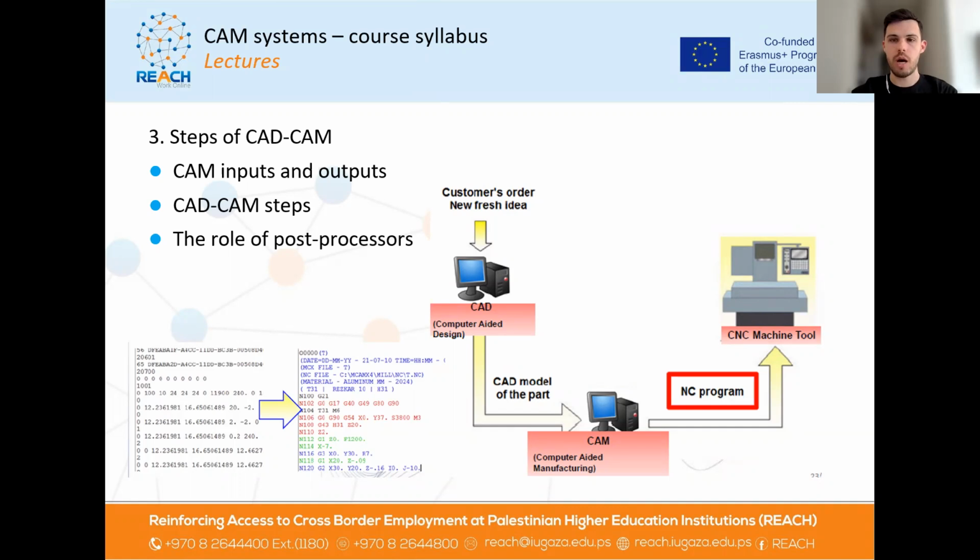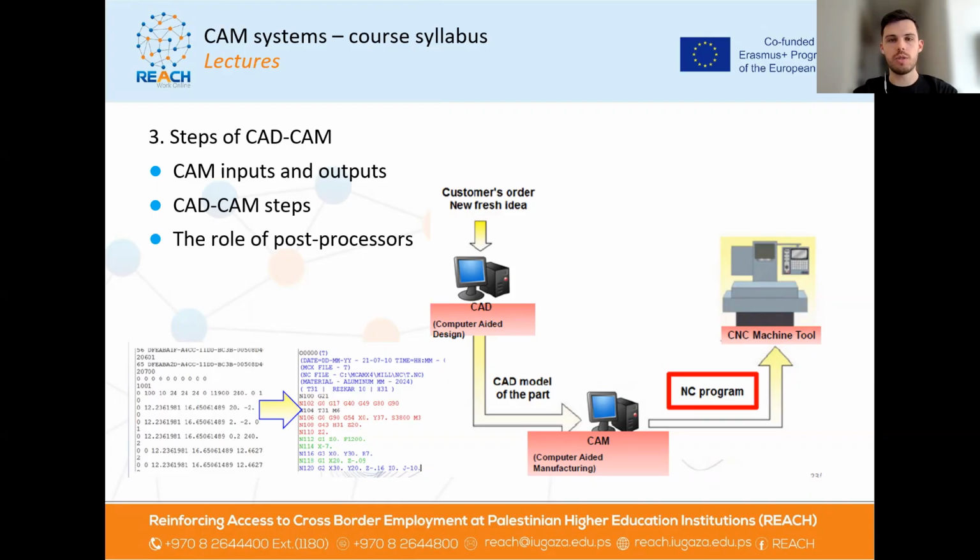So when preparing our NC code, so that it can be used in our CNC machine tool, we need one additional program, which is called a post processor. And with that additional step, we can then adapt the existing CNC program to our existing CNC machine.